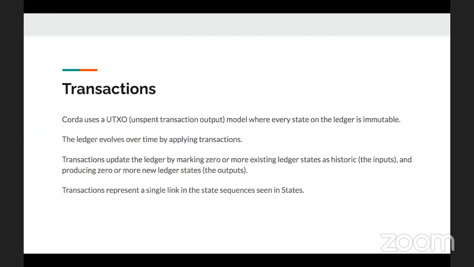Hence, it is important to understand there could be scenarios where 0 input and 0 output are produced. There could be 0 input consumed to produce 1 output, or 1 or more inputs consumed to produce 0 output. This is the flexibility in the UTXO model implemented in Corda.